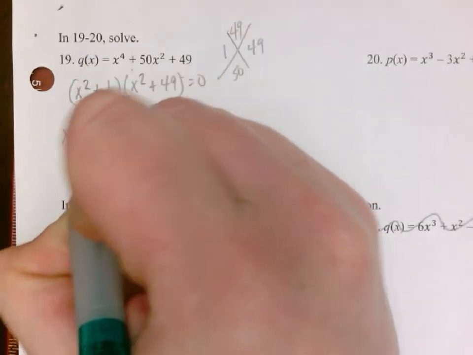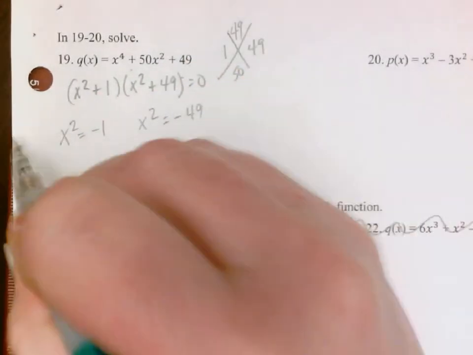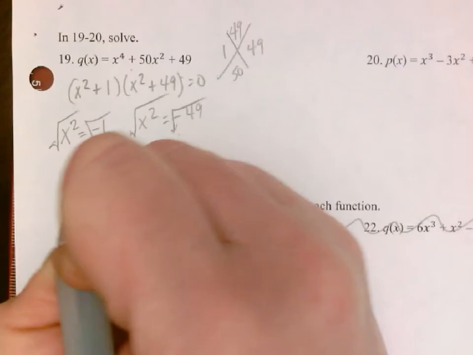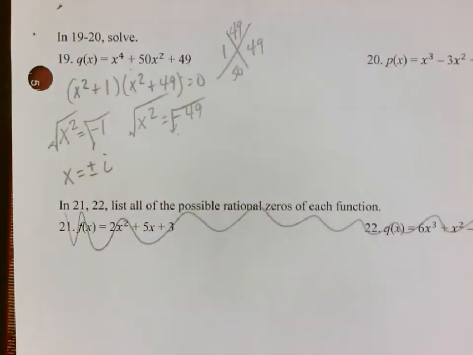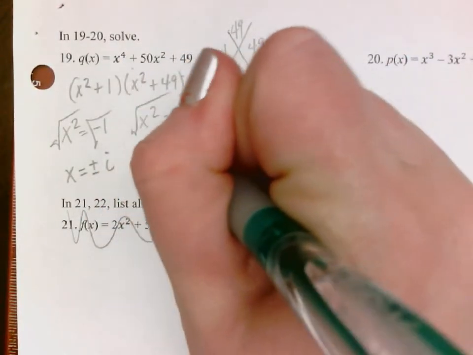X squared equals negative 1. X squared equals negative 49. Square root both. X equals plus or minus i, because the square root of 1 is 1. 1 times i is i, so plus or minus i. Square root of negative 49. X equals plus or minus 7i.